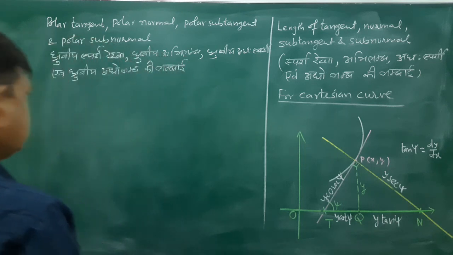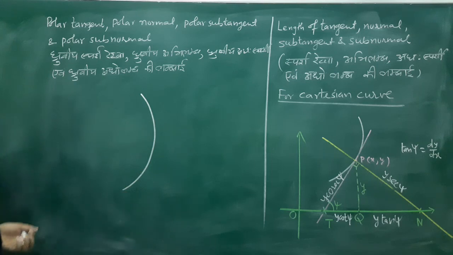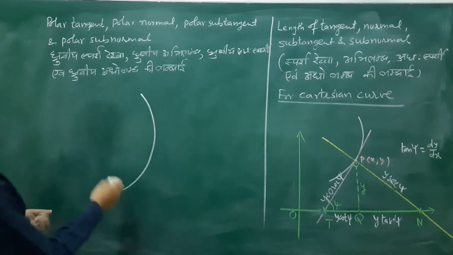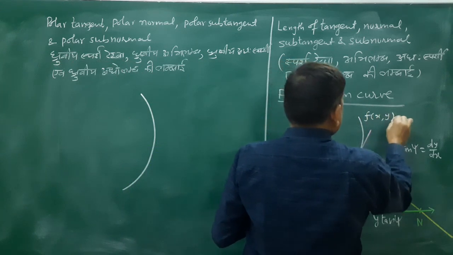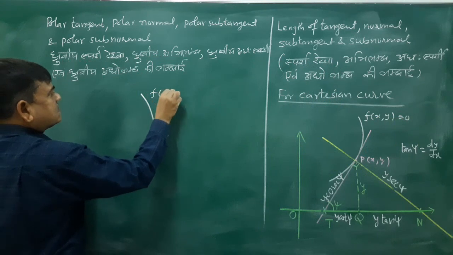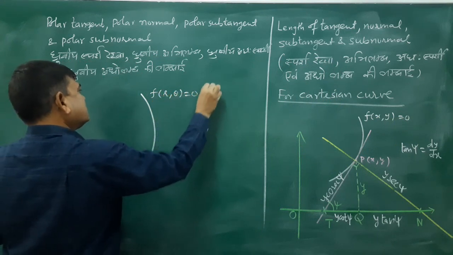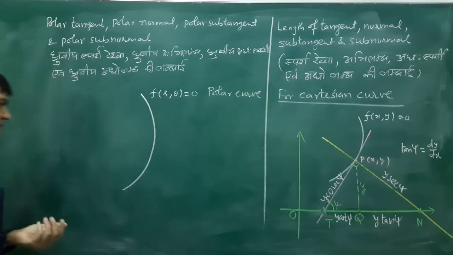So let us see. This is the curve. This is Cartesian and this is polar curves. Okay.